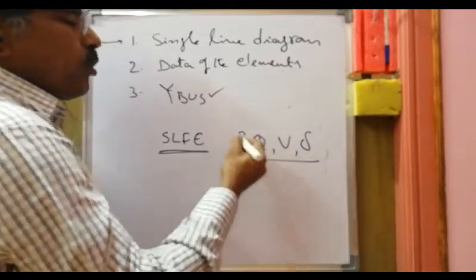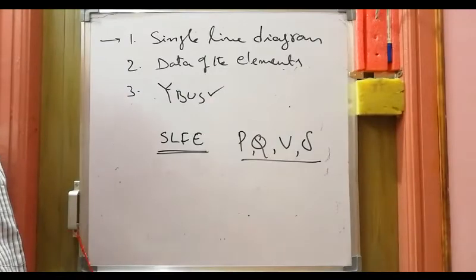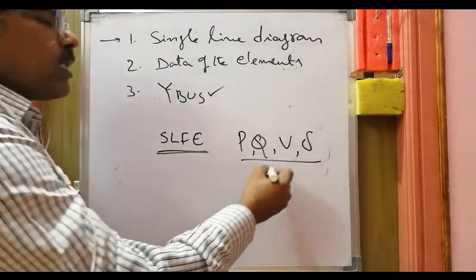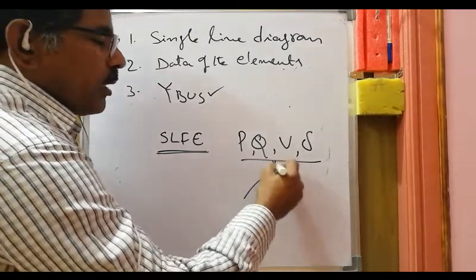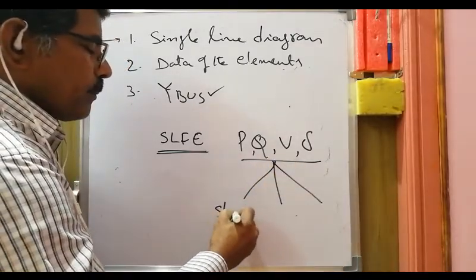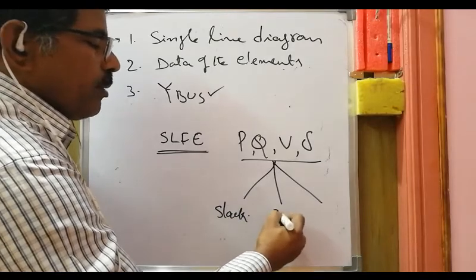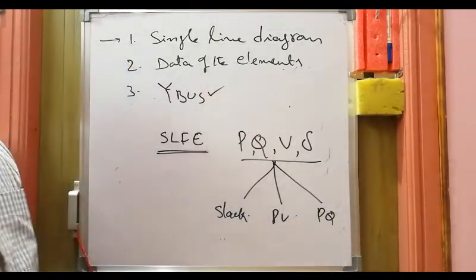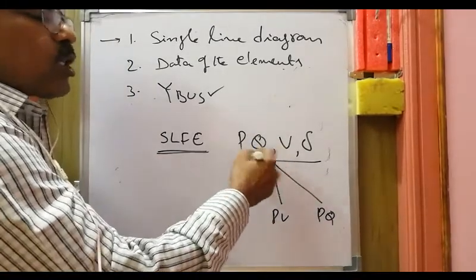So these are the 4 quantities, out of which 2 are given, so that the buses are classified into 3: slack bus, then PV bus, PQ bus. Okay. So out of this, 2 are specified.